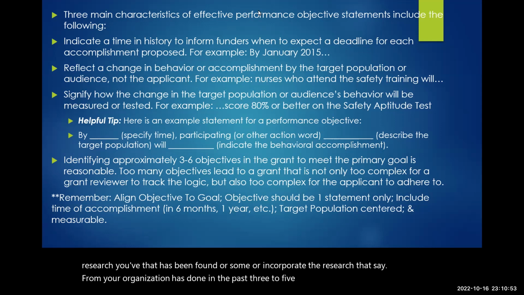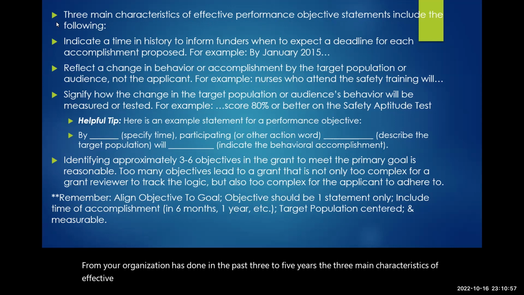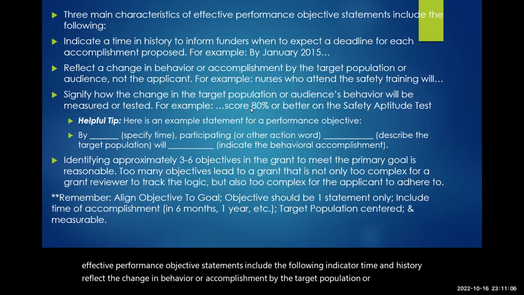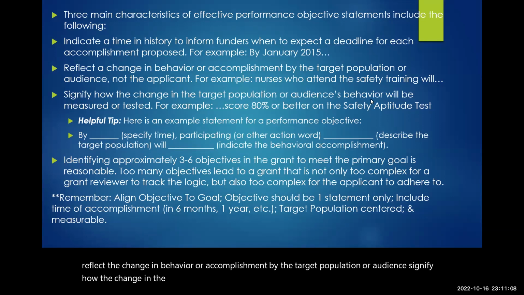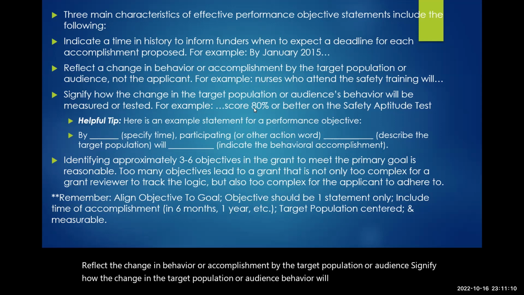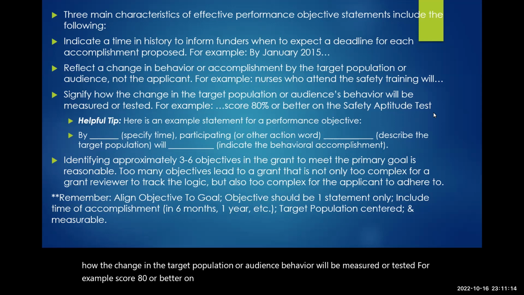The three main characteristics of effective performance objective statements include the following: indicate a time in history, reflect a change in behavior or accomplishment by the target population or audience, and signify how the change in the target population or audience behavior will be measured or tested. For example, score 80% or better on the safety aptitude test.